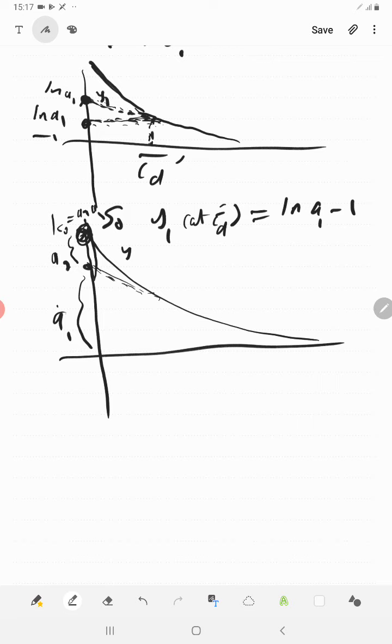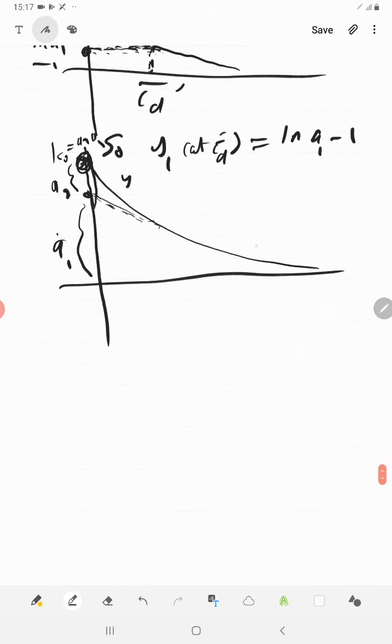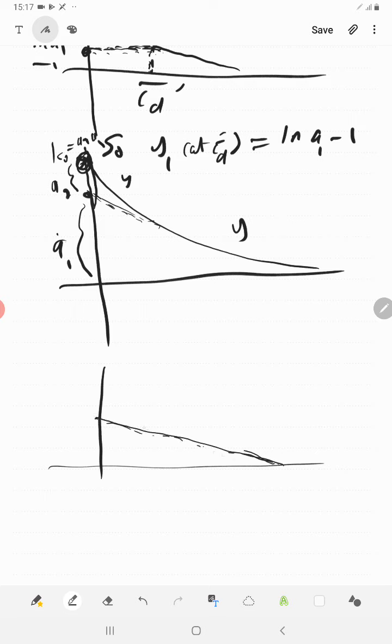Originally in actual y, but in log y, similar to this, this will be linear. This is y1, and here is ln a1, this one is ln a1, and this one is ln a2.